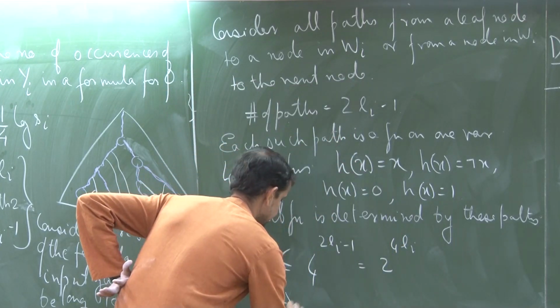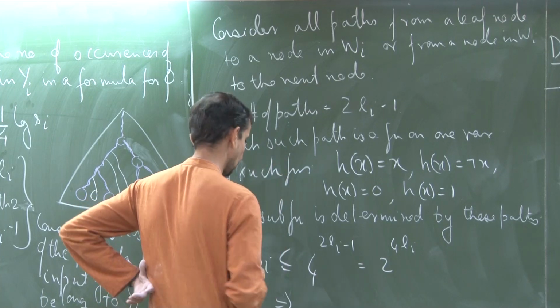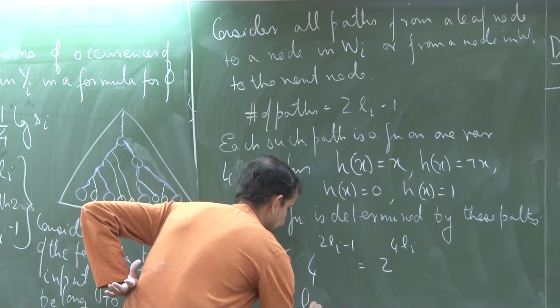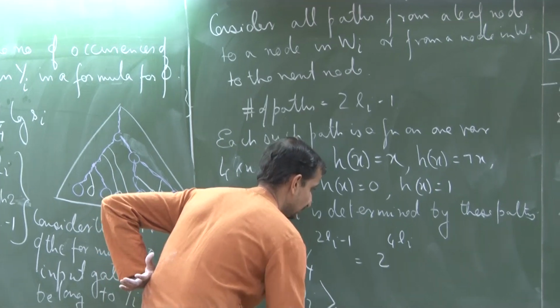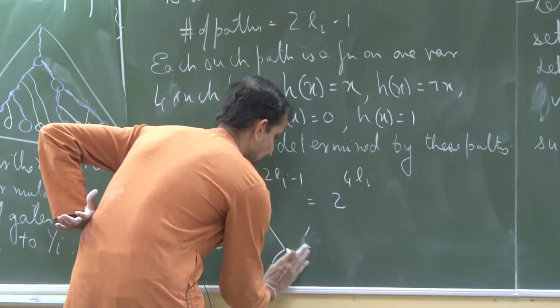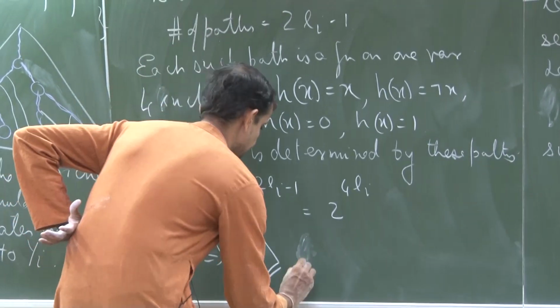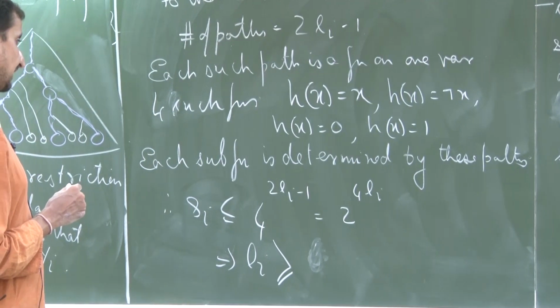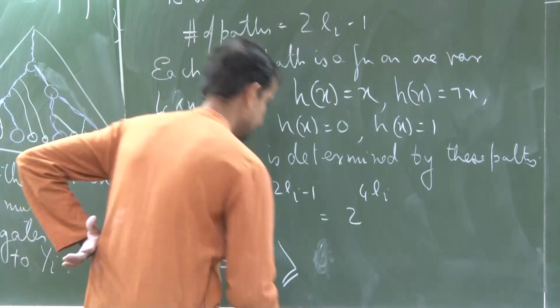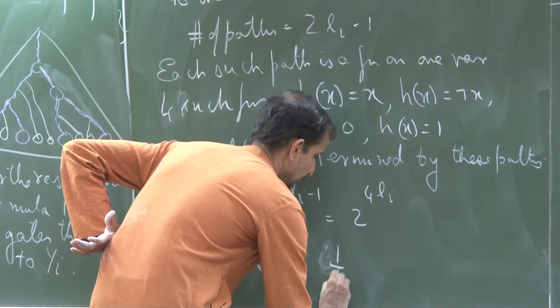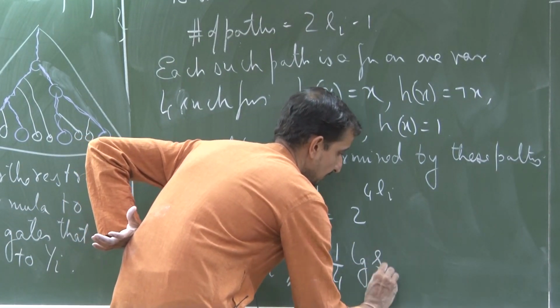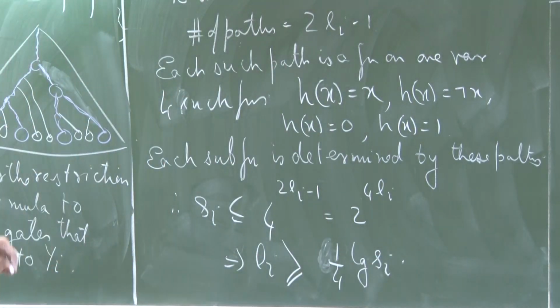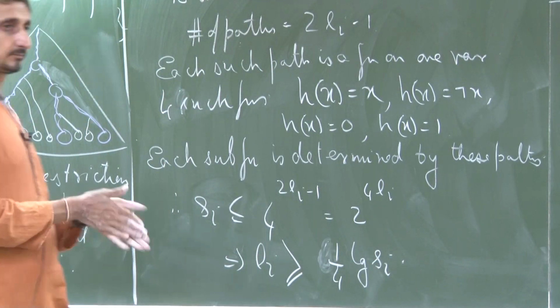If I take log on both sides, I get that 4 Li is greater than or equal to log si. So, Li is greater than or equal to 1/4 log si. That completes the proof.